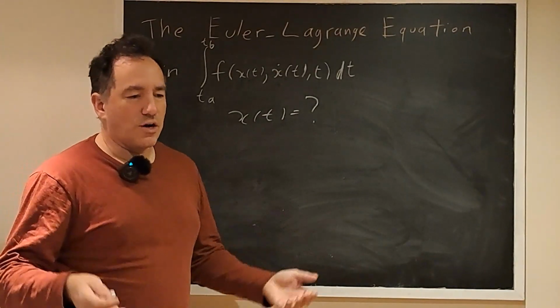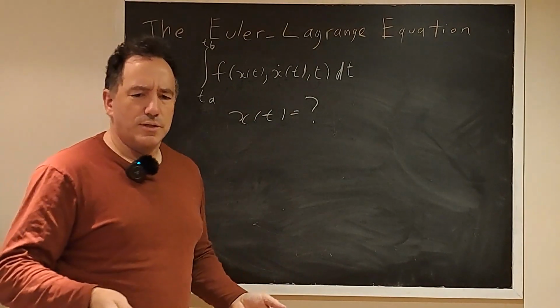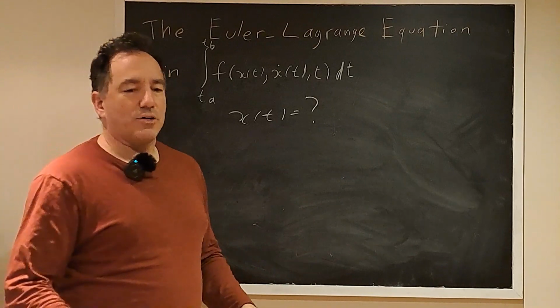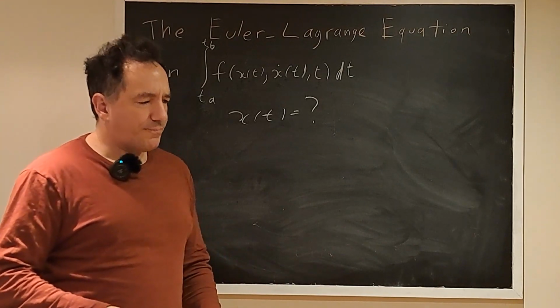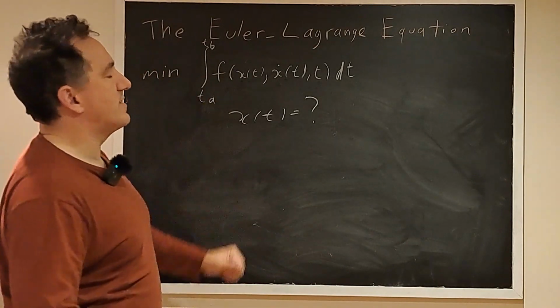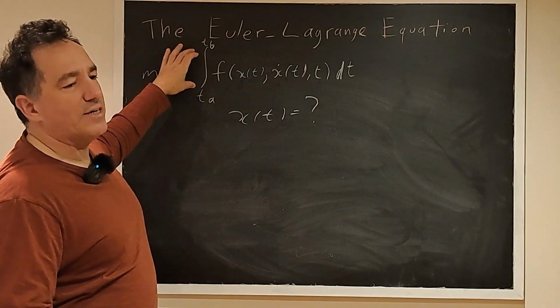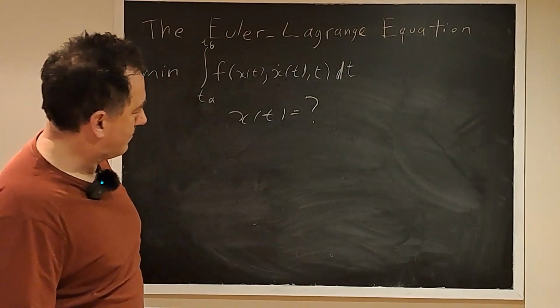And when you do these calculations with the function being what we call the Lagrangian in classical mechanics, we get back to the equations of motion, which are equivalent to Newton's equations of motion. And this is called the principle of least action. But of course, this formulation applies to many other types of optimization problems.